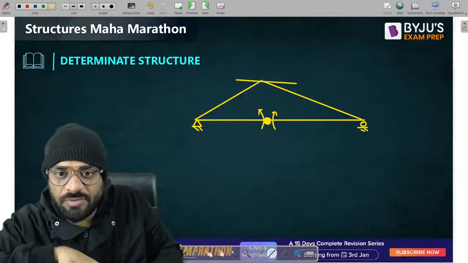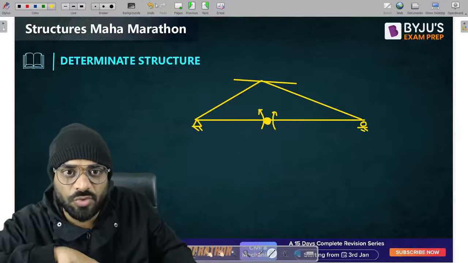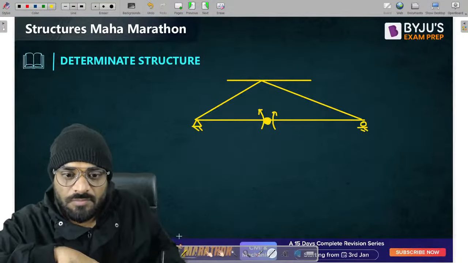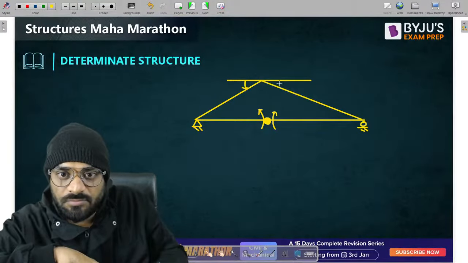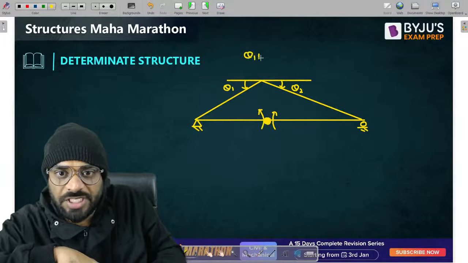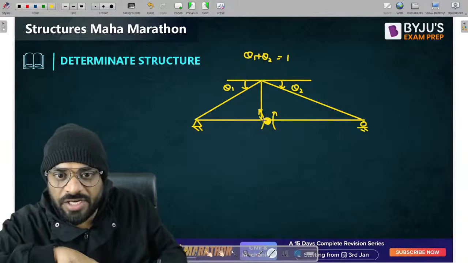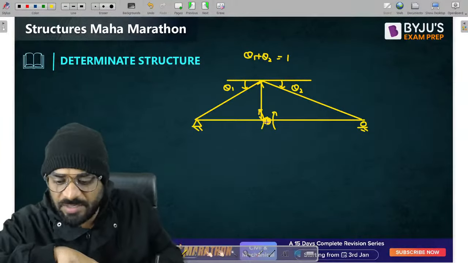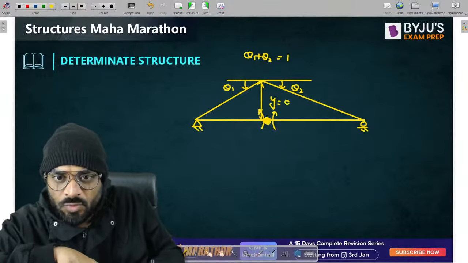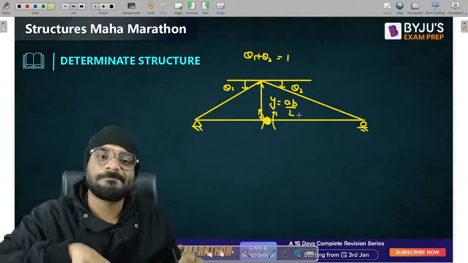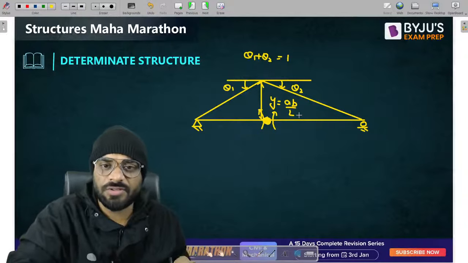So the net rotation will be equal to how much? The net rotation is equal to 1, sir. This is theta 1, this is theta 2. So theta 1 plus theta 2 should be equal to 1. And this particular ordinate, we already know that it is AB by L. Y is equal to AB by L. Clear? So this is the approach.